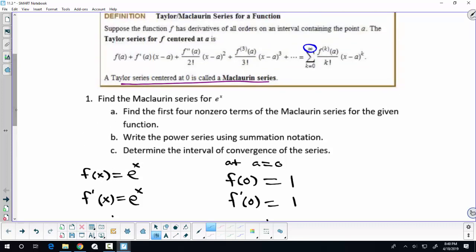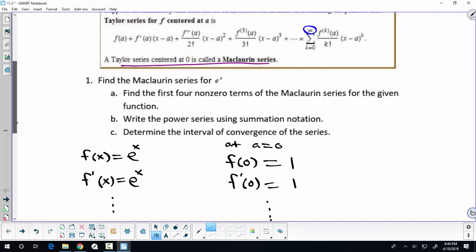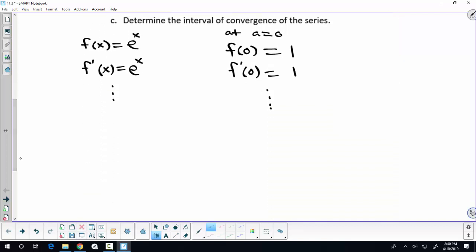So then we've got to remember the structure of the series. We start off with the function value. So we start off with f of 0, which is 1, plus the first derivative times x minus the center to the power of 1 over 1 factorial.